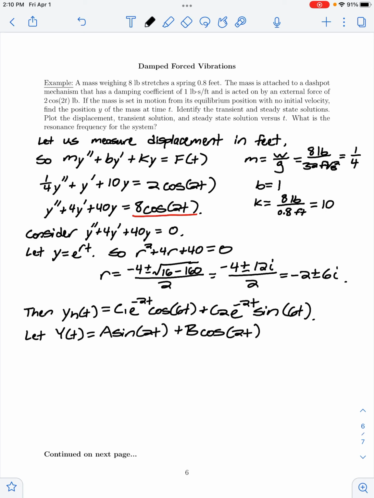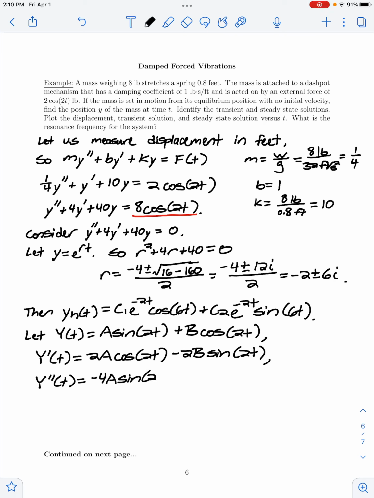And we need to find our first two derivatives of this function to substitute into our non-homogeneous equation. So we find here that y prime would be 2a cosine of 2t minus 2b sine of 2t, and y double prime would be -4a sine of 2t minus 4b cosine of 2t.